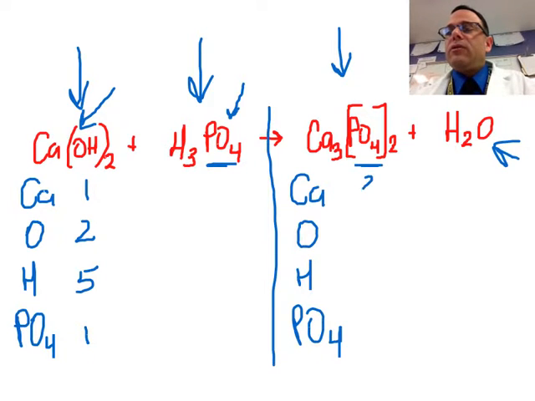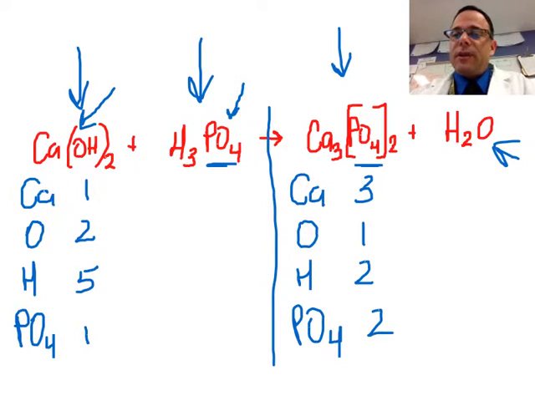On the right side, 3 calciums, 1 oxygen, and 2 hydrogens and 2 phosphates. So what can I do to adjust these numbers? What I can do first is try to balance the calciums. If I put a 3 coefficient here, this calcium becomes 3, and they match.